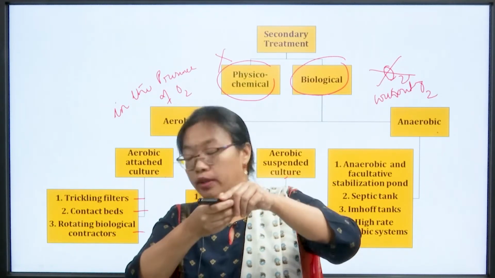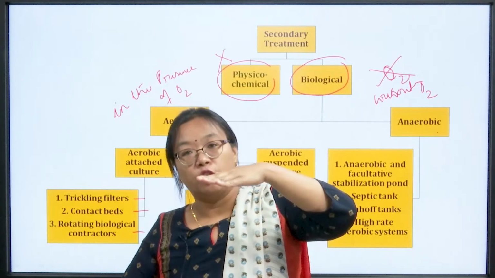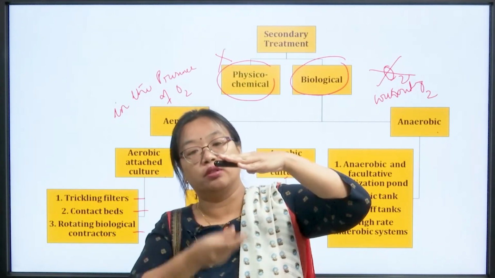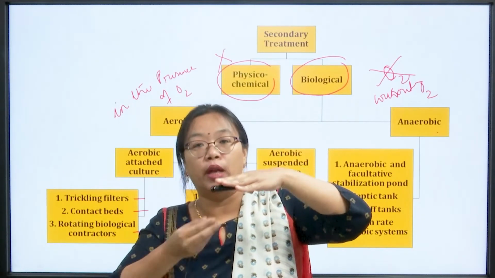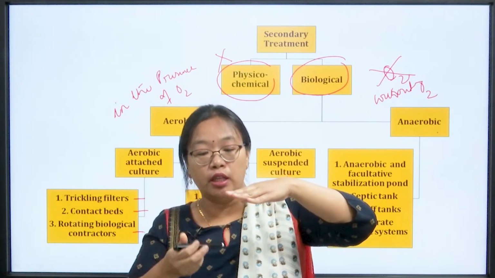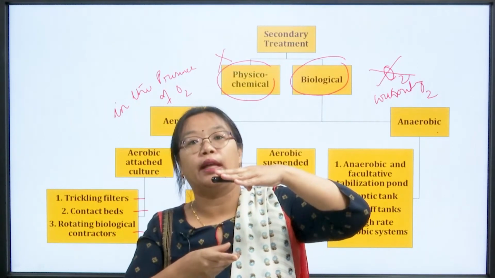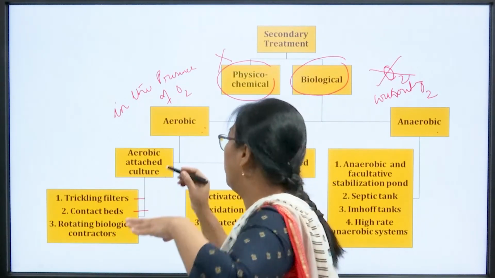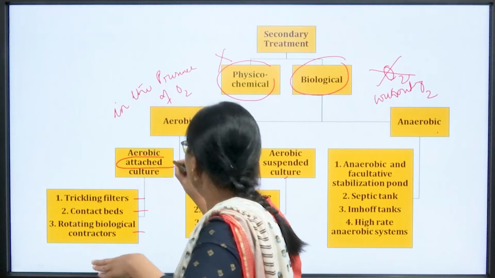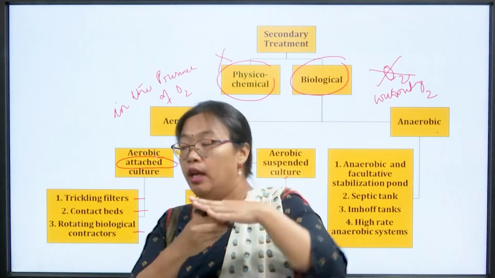If my hand is the filter, the bacteria are going to be attached to it. In a trickling filter, the bacteria stick to the filter material. So, it is attached.